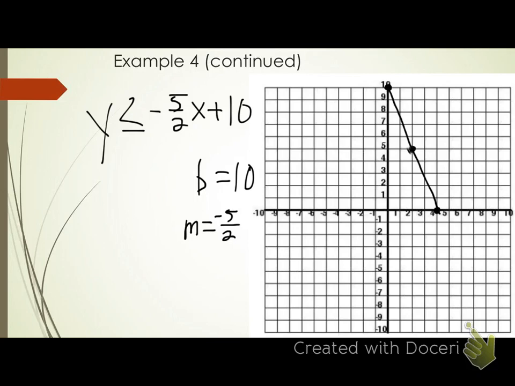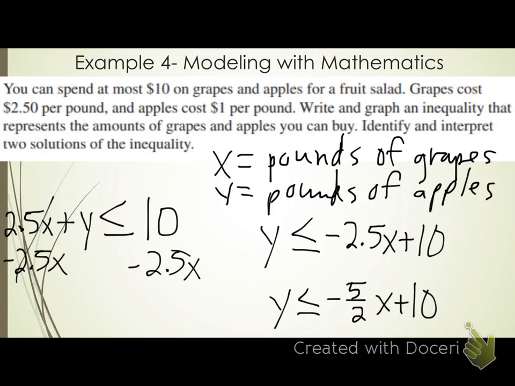Would that be above or below my line? Below. So that'd be this little triangle. Once again, I'm not shading past that because I only want positive values for my given scenario. So this would represent all my solutions to this inequality. So, there's my graph.